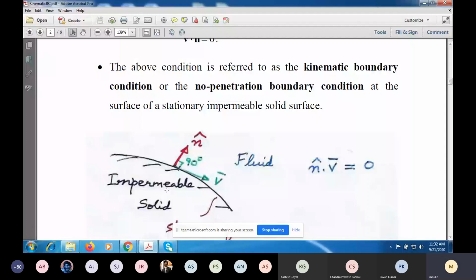Now if I consider point N and point P here, and the normal to the surface at this point is n hat. Alright. So this caret sign or hat sign indicates it's a unit vector. And I've drawn the tangent to the surface here. Then if the fluid is inviscid, the direction will be normal to this, so that n dot V is 0.